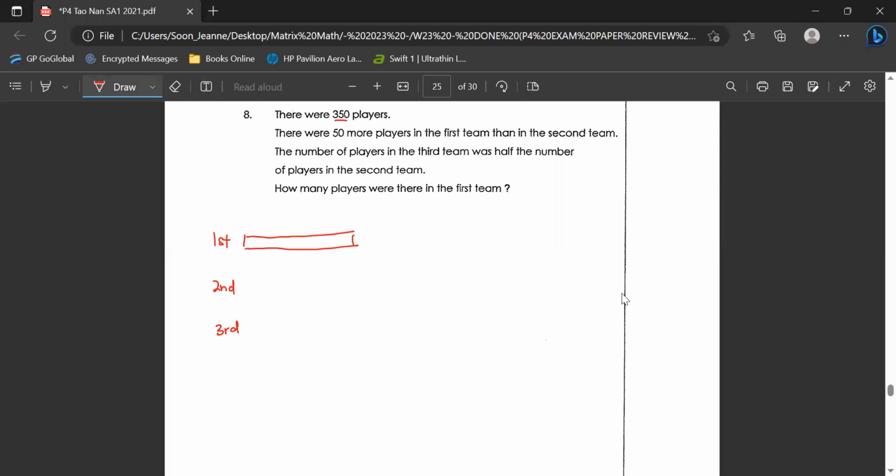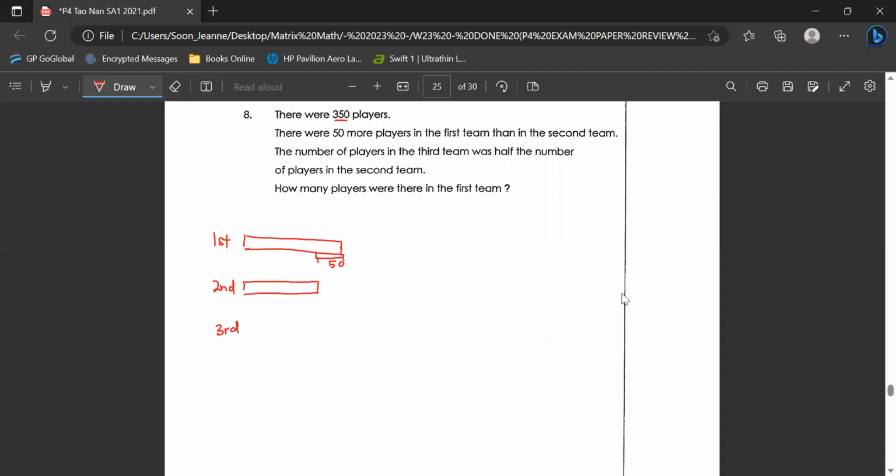Okay, there are 50 more players. So this will be a 50. Okay, maybe I draw a little bit shorter. Easier to see. So that you won't get confused. This is 50. Okay, 50 more players in the first team than the second team.